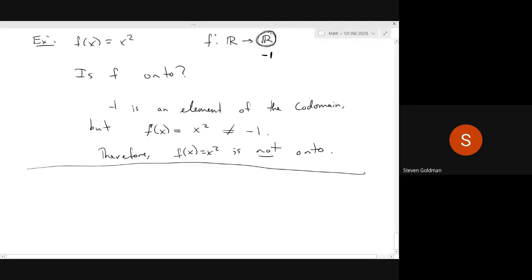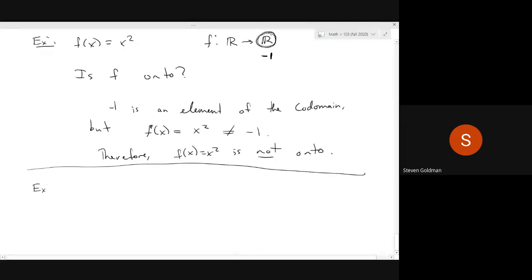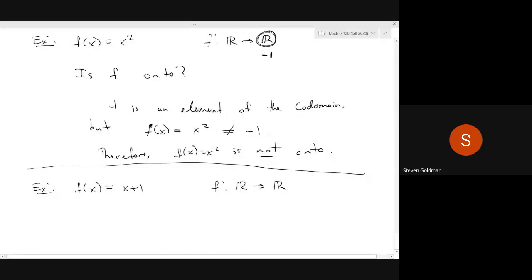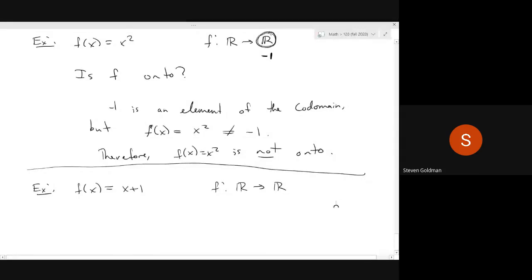Let's see another example. Let's go back to the other example from before. Let's say I give you the function f of x equals x plus 1, where f is a function from the set of real numbers to the set of real numbers again. Is this function onto?